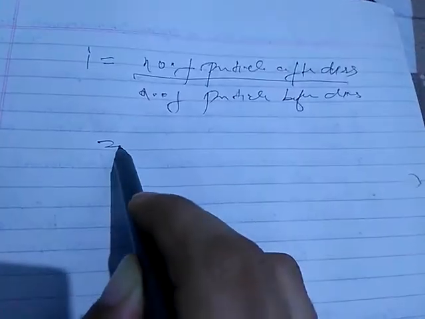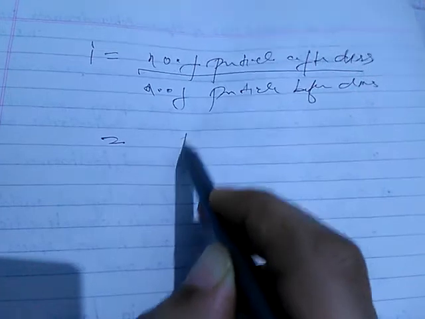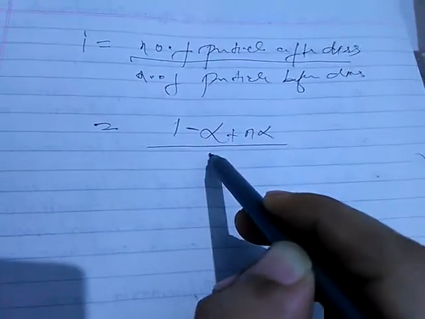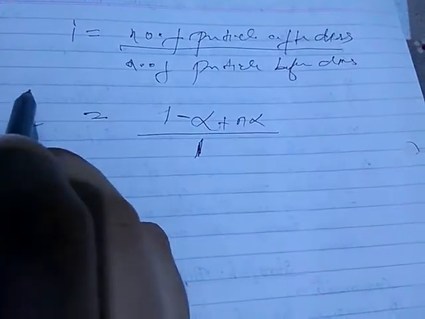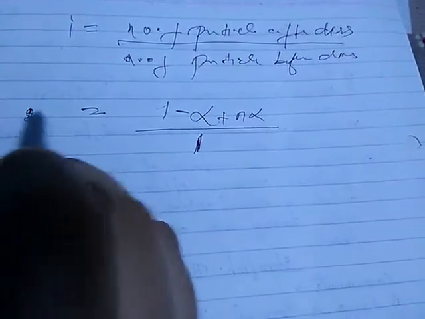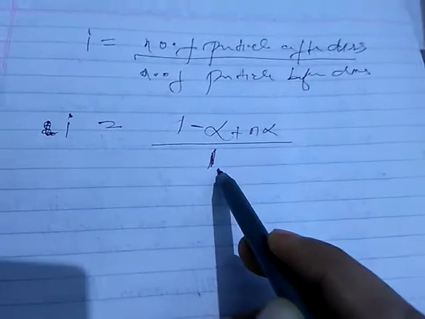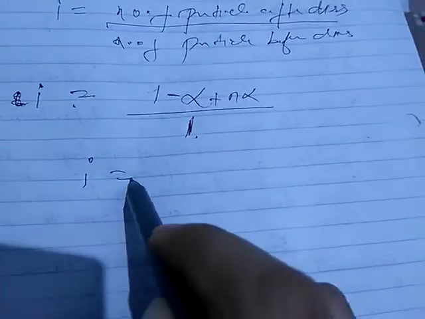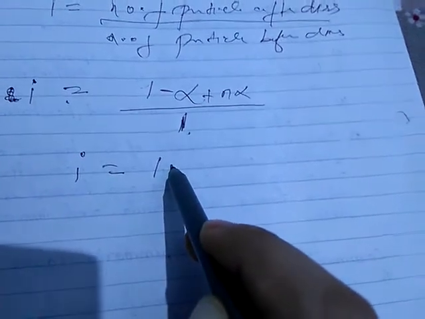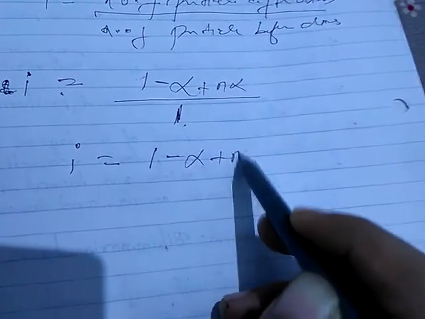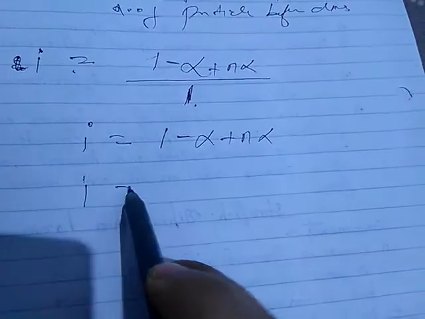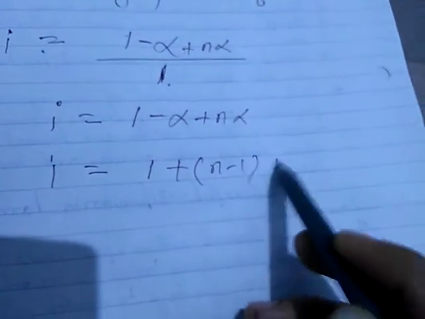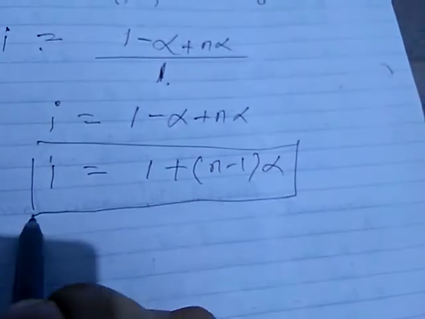Number of particles after dissociation was 1 minus alpha plus n into alpha, and before dissociation it would be 1. This would be the value of i. Finally, i equals 1 minus alpha plus n alpha, and taking common, i equals 1 plus (n minus 1) alpha. This would be the value of i.